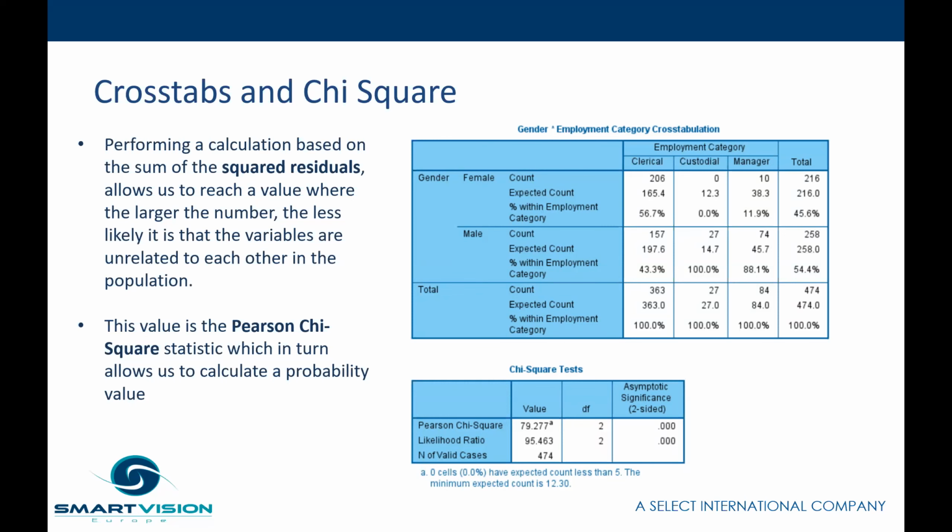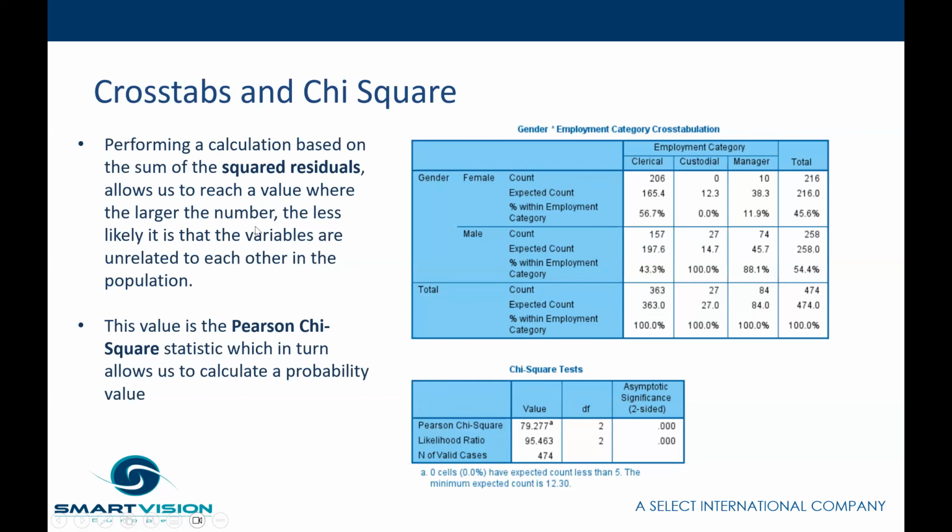It's just that squared residuals here are a way to formalize that, to look at the difference between the observed and expected, and we can add them up and summarize them, and the result is a Pearson chi-square value. So that's this value down here. Now, it's a little bit more involved than that, but that's the principle behind it: you can add them all up. So the bigger this number is, the bigger the difference between the observed and expected across the crosstab.